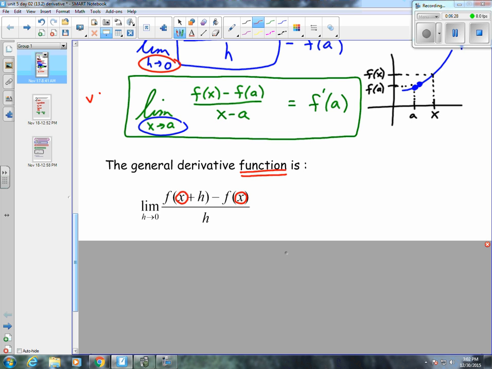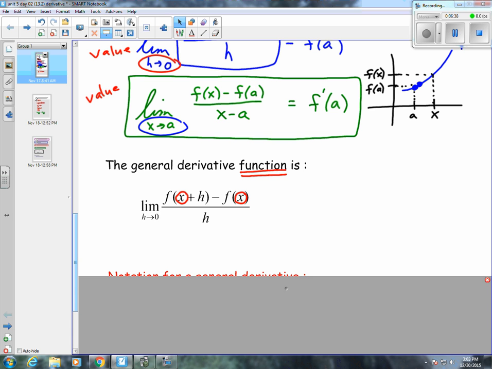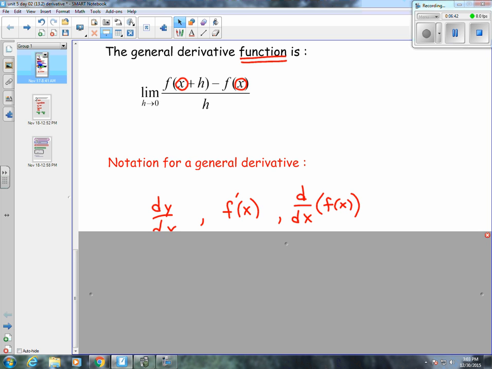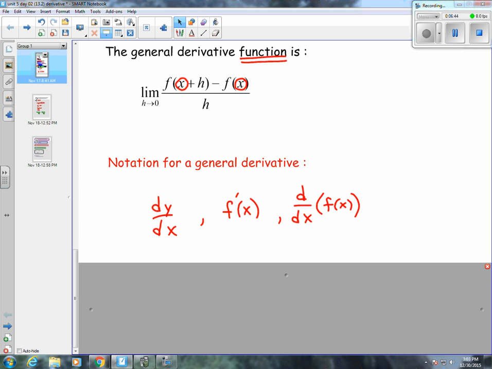So either form there gives us a value at a specific point. This one gives us a function, a derivative function, f prime of x. Notations for the general derivative, you've seen these before: dy dx, or f prime of x, or d dx of some function f of x. Those are the most commonly used notations.